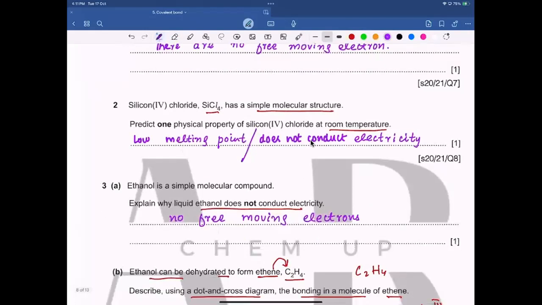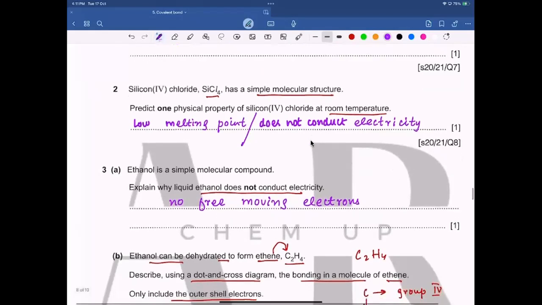Now, ethanol can be dehydrated to form ethene, and they have mentioned the formula of ethene. It is C2H4, right? Describe using a dot and cross diagram the bonding in the molecule of ethene. So who can do it? Draw it quickly. Take the help of the periodic table.